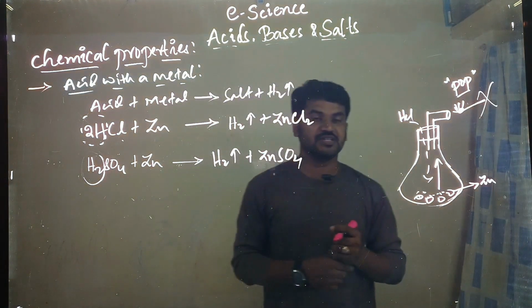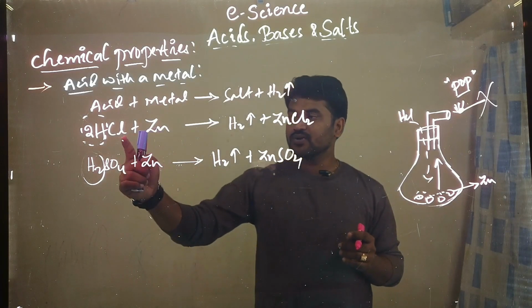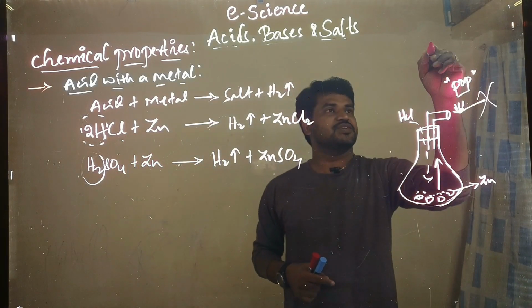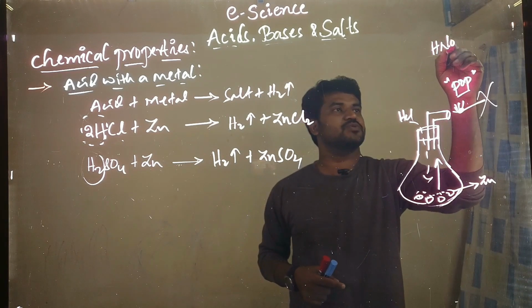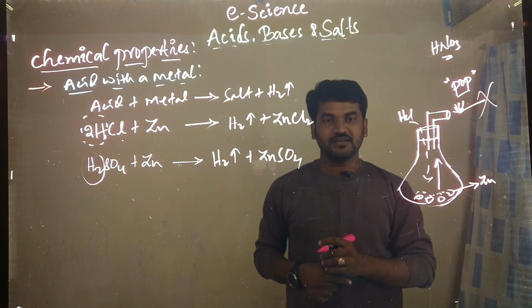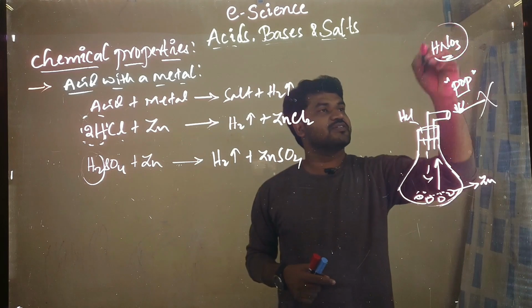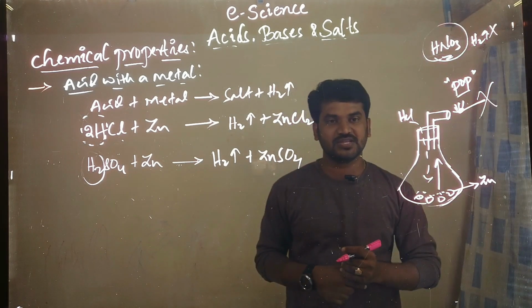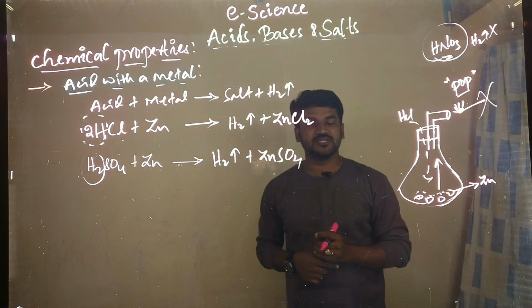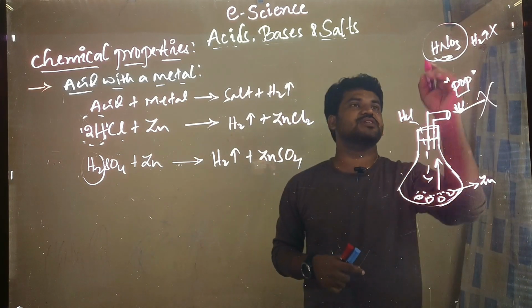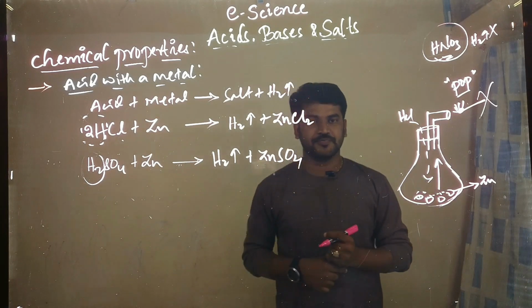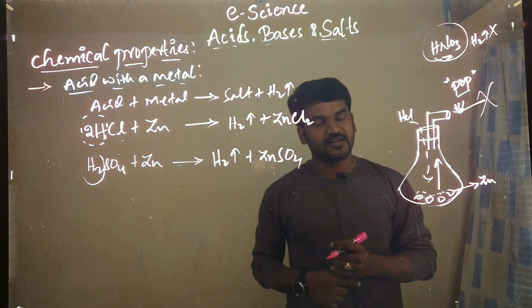But remember one thing, children: hydrochloric acid will react and H2SO4 will react, but HNO3 is reacting yet it is not giving hydrogen gas. Why is HNO3 not giving hydrogen gas? First of all, what is HNO3? HNO3 is nitric acid.